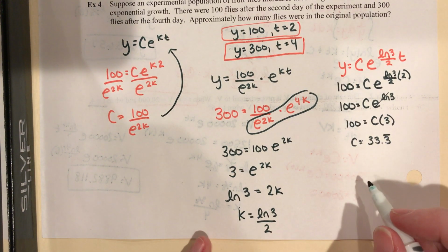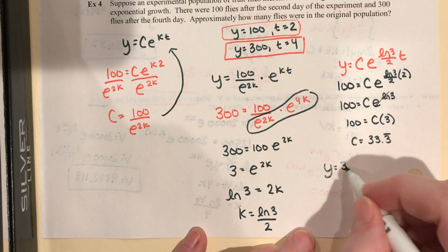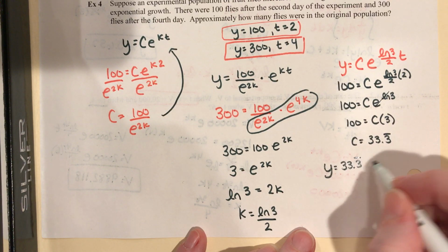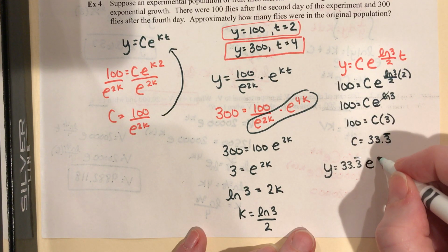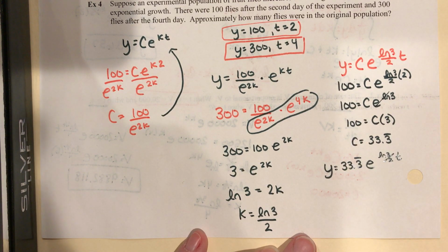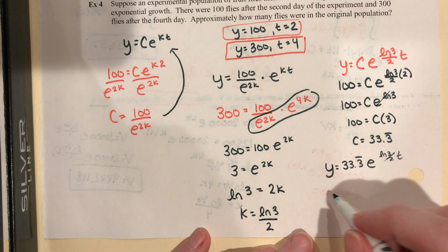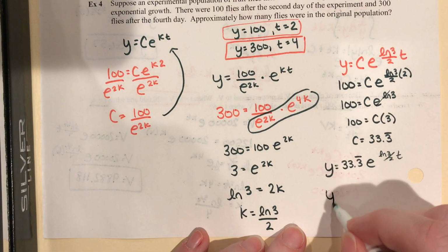So now I can write my particular solution. I know c, I know k. Y equals 33.3 repeating, e to the ln of 3 over 2 times t. So if I want to know what's in the original population, I'm going to plug in 0 for t.